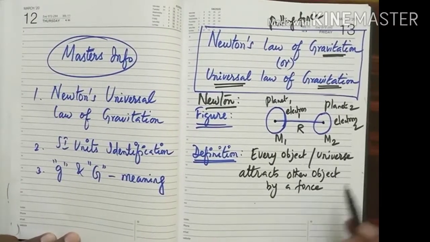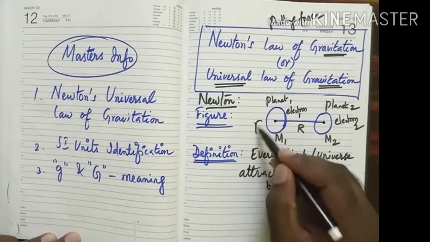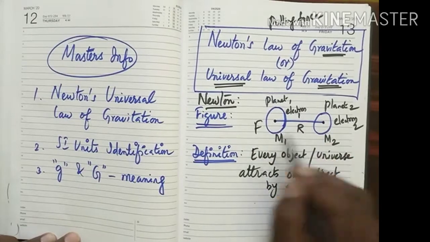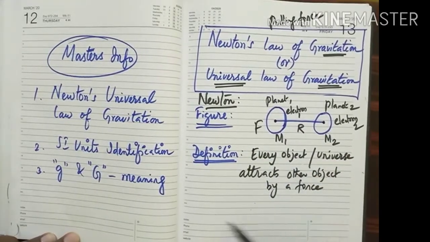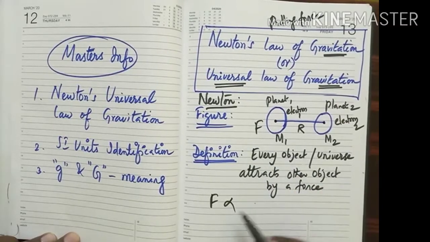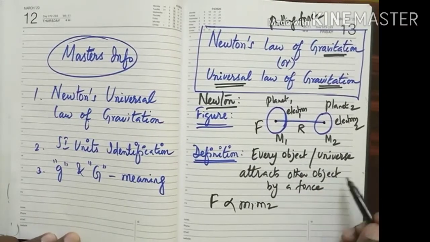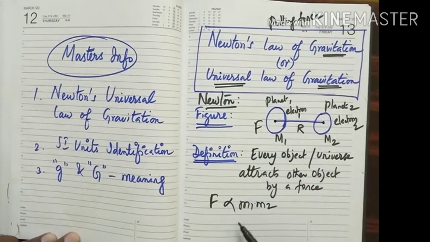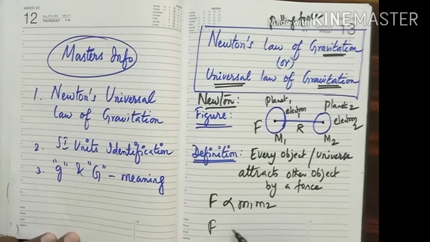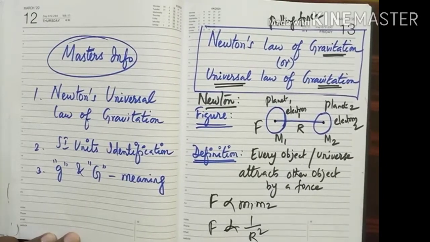Both the objects will be attracted by a force, based on two things: one is mass, that is the product of masses. So every object in the universe attracts another object by a force which is directly proportional to the product of masses and inversely proportional to the square of the distance between them.